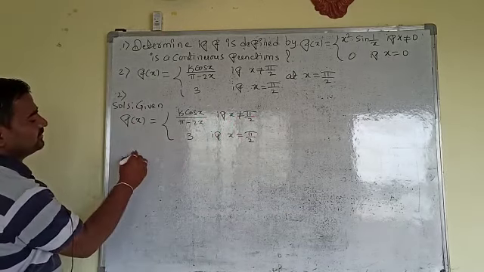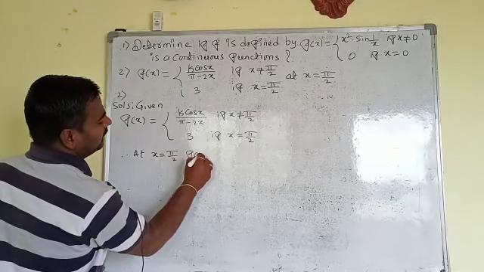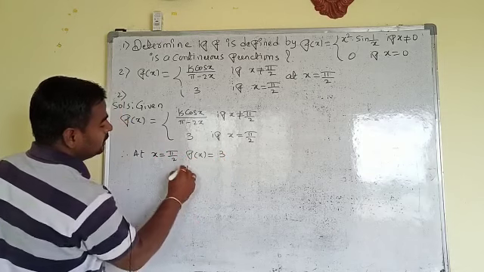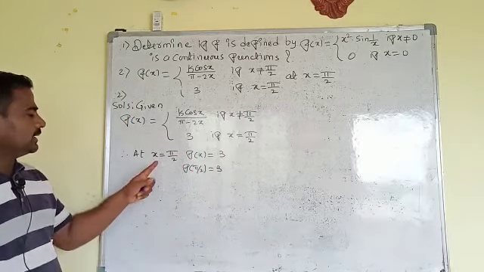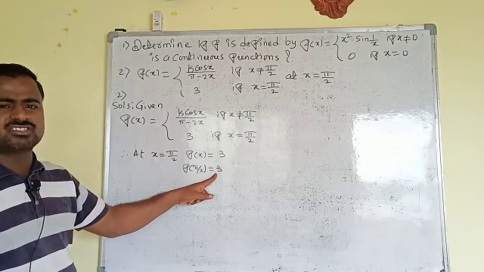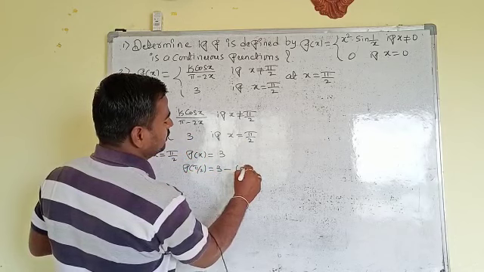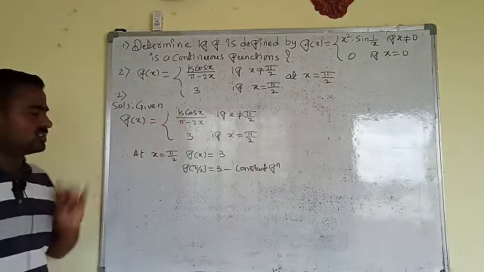First we are going to find: x is equal to pi by 2, f of x is equal to 3, f of pi by 2 is equal to 3. Why am I going to write at x the function 3? 3, substitute pi by 2, it is a constant function. So here constant function, right?